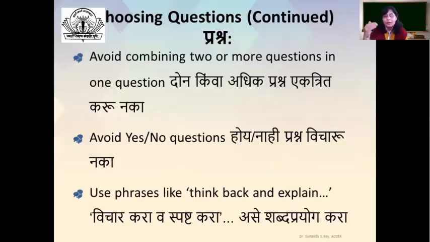So all these things like think back and explain make the respondents realize that the answers need not be short. We are interested in a more descriptive answer. So things like this will help you to get more descriptive answers.